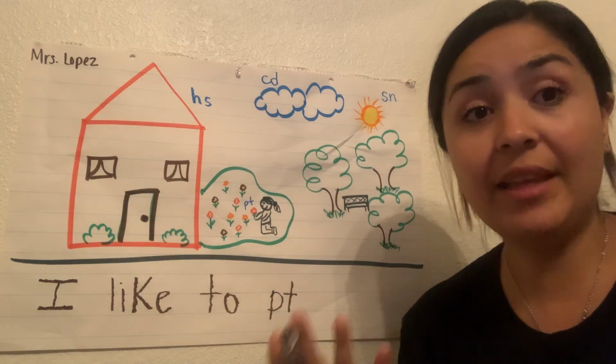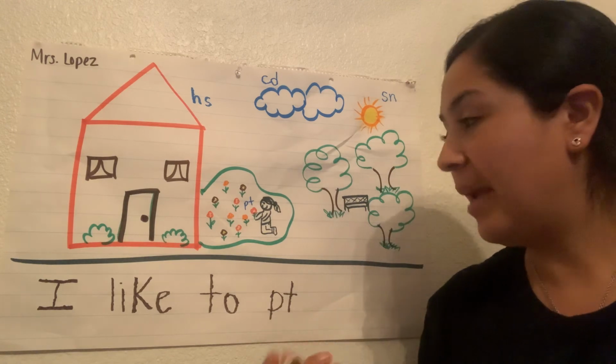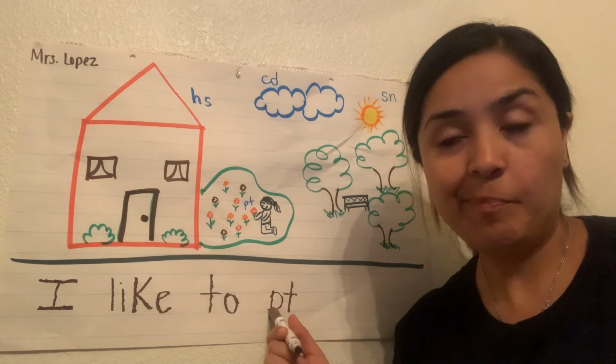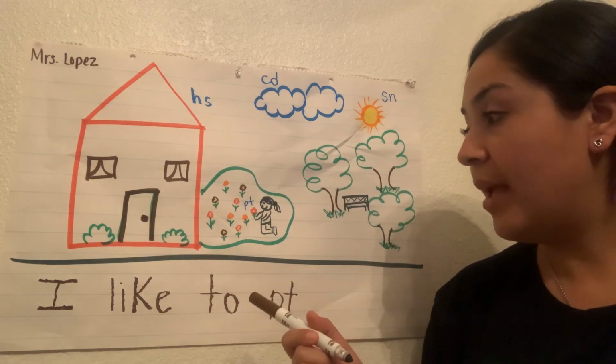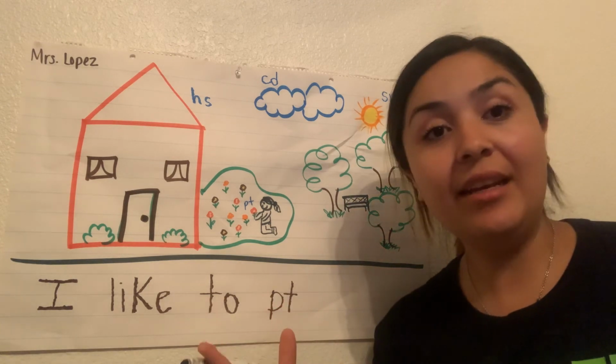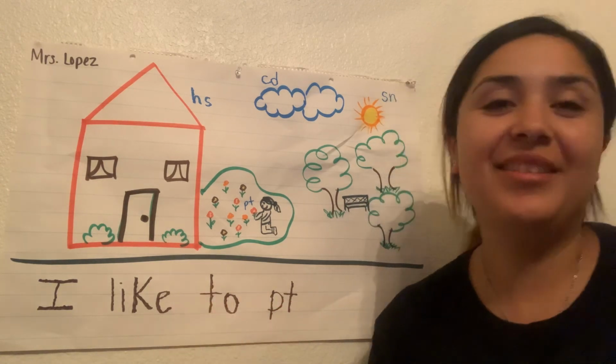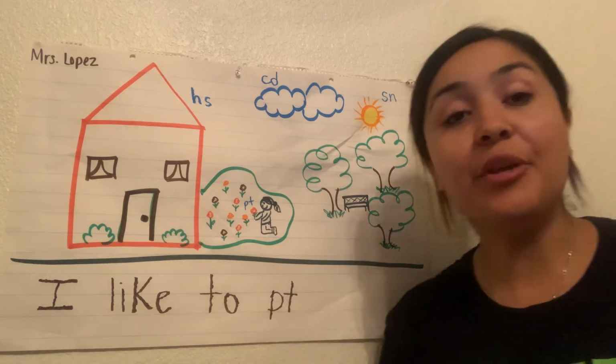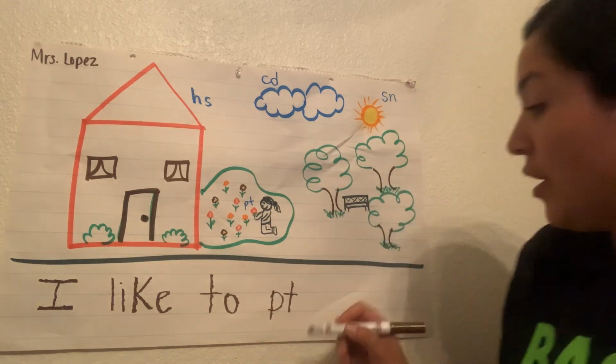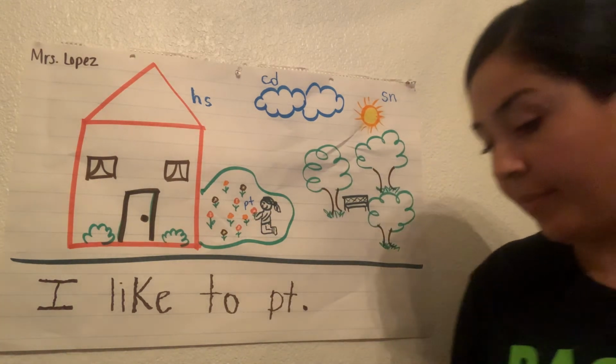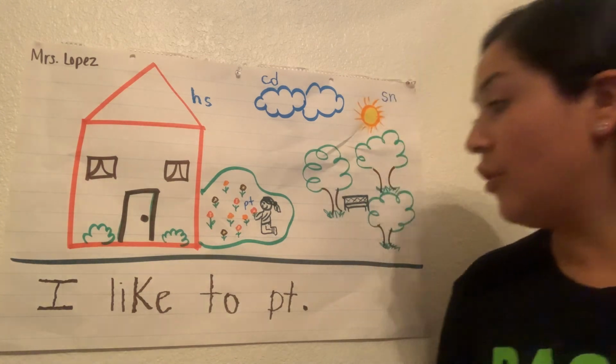And at the end of my sentence goes, am I asking a question? No. Am I sounding like super excited? I like to plant. No. But I'm telling you, right? I like to plant, so I know it has a period. Okay. So that's my sentence.